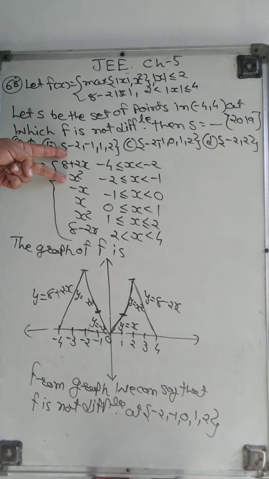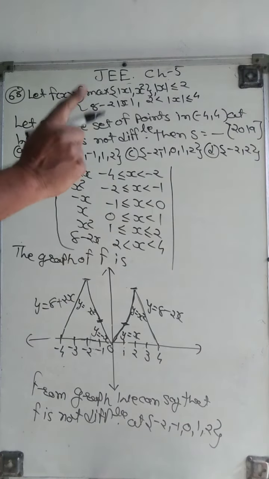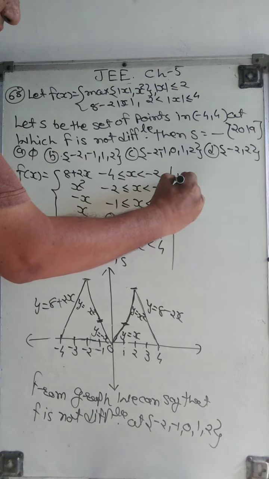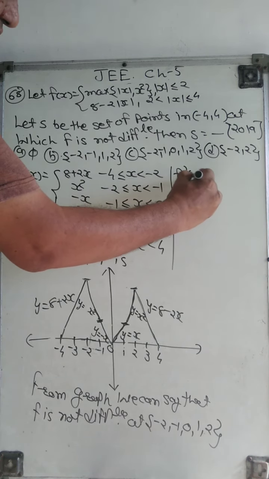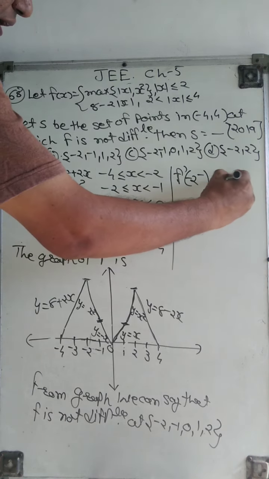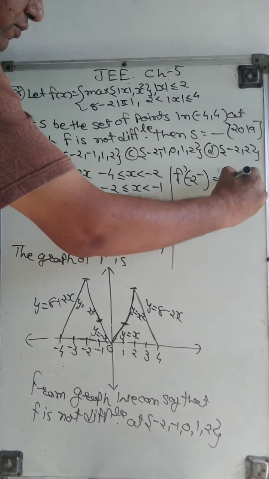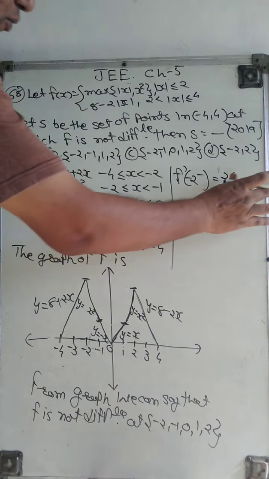So these two derivatives are not equal. I explained this just for one point. f dash at minus 2 from the left is equal to, not 8, but only 2 into minus 2.